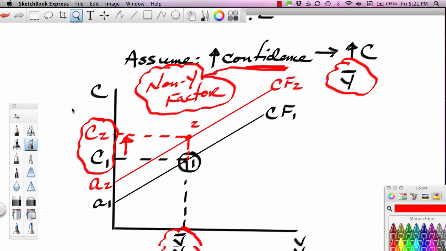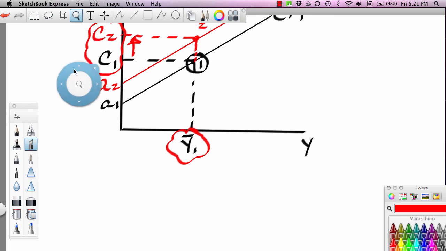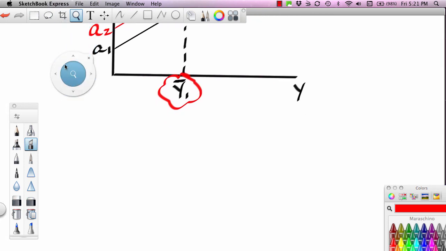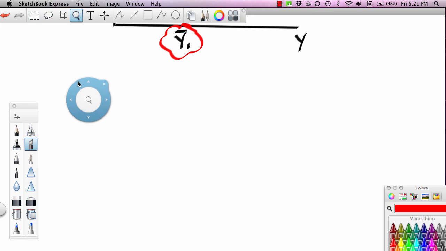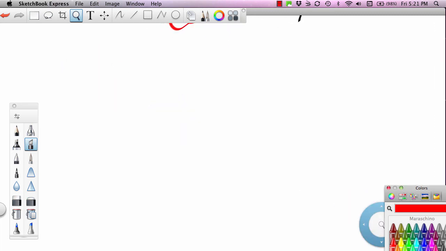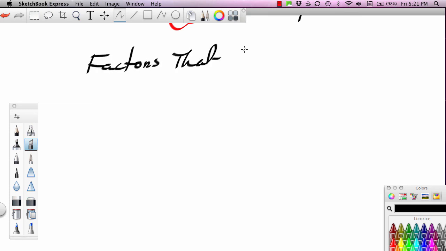So let me just go ahead and write out a couple of factors that could do this. And truly, promise, we will be done with this lesson. So let me write this header out. Factors that shift the expenditure line, wrong line, consumption function. I'm getting ahead of myself here. Stay tuned.